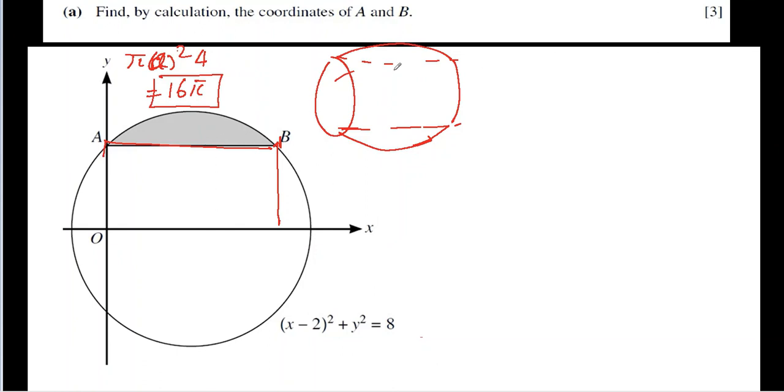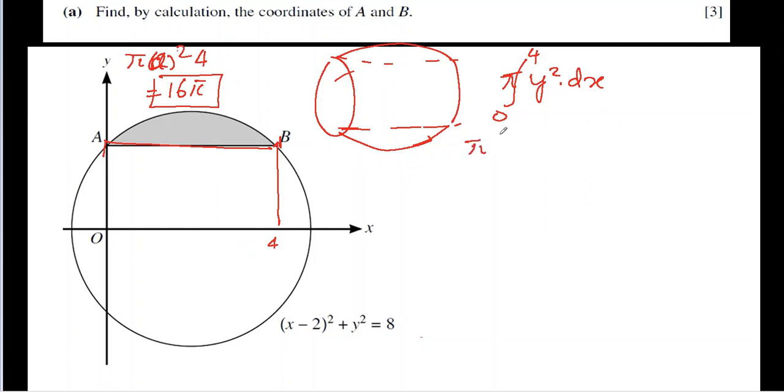How do we find the volume of this whole drum? It will be from 0 till this is 4, right? From 0 to 4, π y² with respect to x. This will give us the volume if we rotate this whole AB arc 360 degrees, and this drum will be formed.